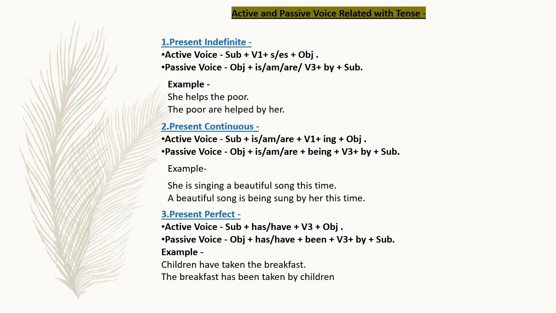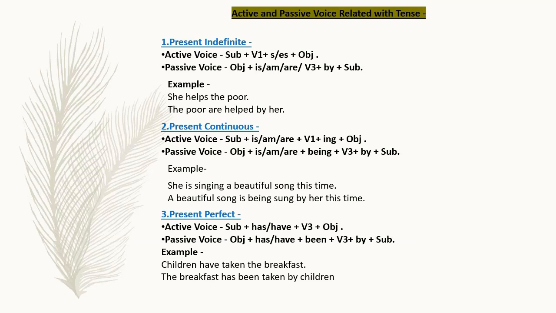A beautiful song is, being will be added, and the V3 form of sing is sung. So a beautiful song is being sung by her this time. By is a preposition that is added over here. This part of the sentence is the complement that you are going to add at the end. I hope it is clear to you.